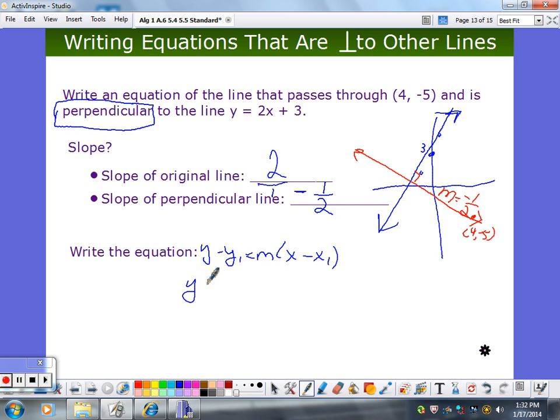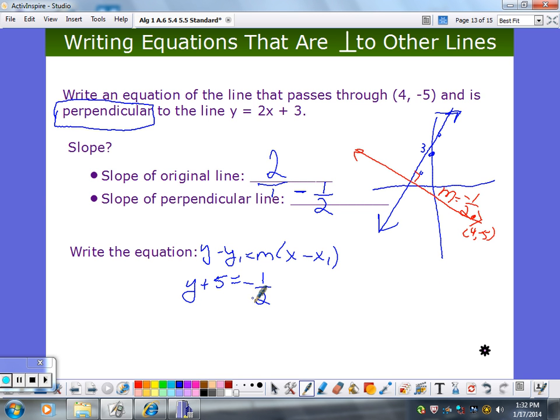So what do I have here? y plus 5. What's my slope? Which slope do I use, the 2 or the negative half? Why do I use negative half instead of 2? Because I want the perpendicular line. If I use 2, I would be getting the parallel line.